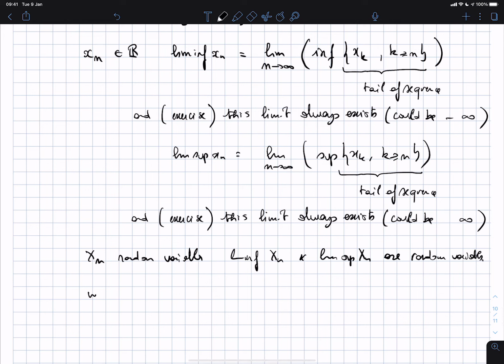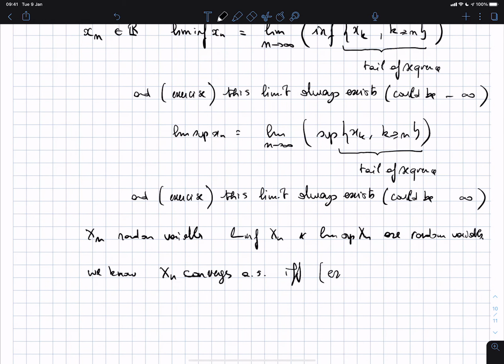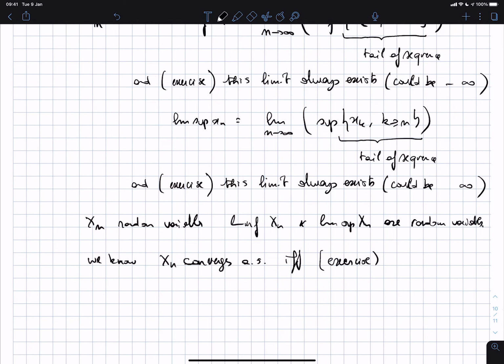And we know also that xn will converge almost surely if and only if, is that an exercise? I think it is an exercise that you could do also if you're interested in this kind of stuff. If and only if the limit inferior of the xn is equal to the limit superior of the xn.